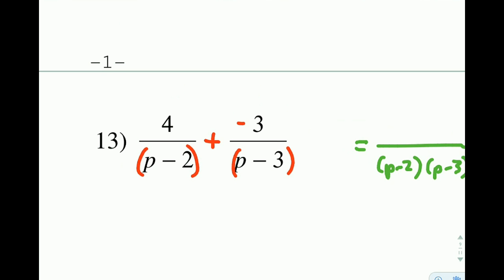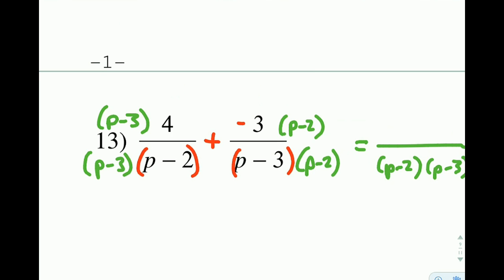The only way we're going to get a denominator like that is if we multiply the top and bottom by whatever one isn't already there. So we already have a p minus 2 group here, so I'm going to multiply the top and the bottom of this fraction by p minus 3. Same idea, I'm going to multiply the top and bottom of this fraction by p minus 2. And what we're doing now is we have two fractions that both have the exact same denominator.